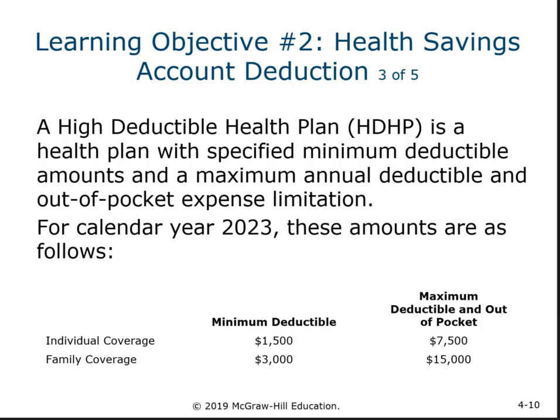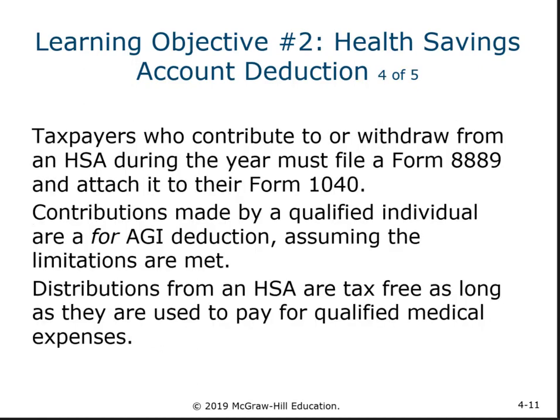So if you have that, then you can put money into this HSA, okay, and contribute to or withdraw from the HSA, and it's all reported on a Form 8889. Send it in and file it with your 1040, okay? And contributions, as long as the limitations are met, you can make the deduction.